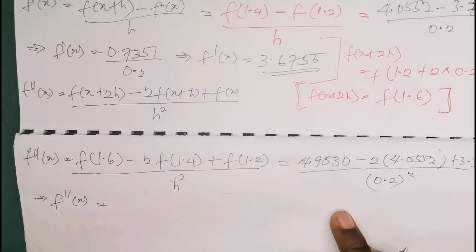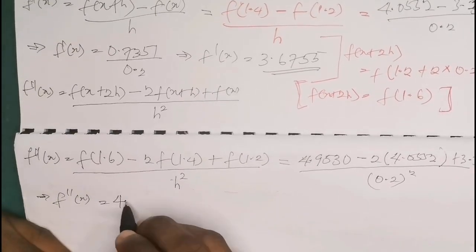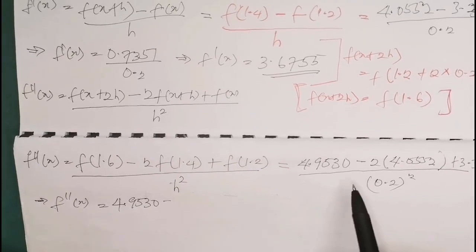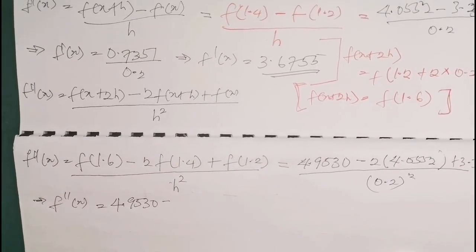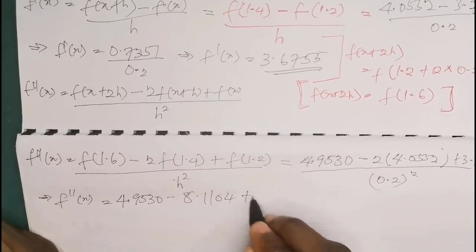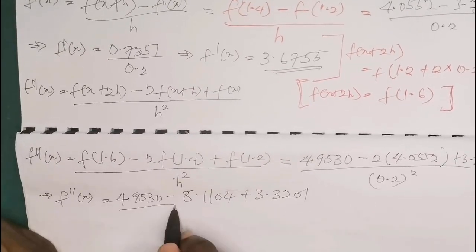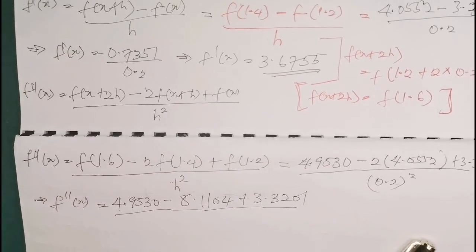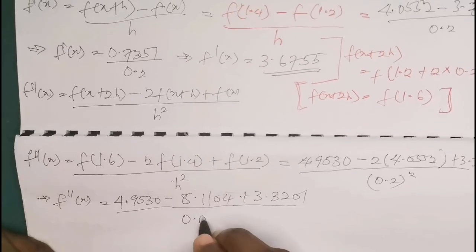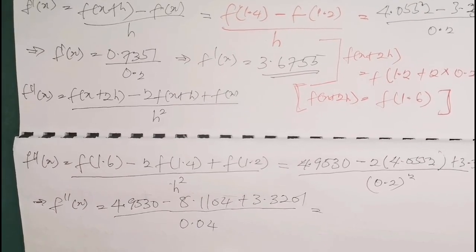So this simply implies that the double derivative f prime prime of x is going to be equal to, let's evaluate everything at the numerator. So we have 4.9530 minus, let's obtain 2 multiplied by 4.0552. That gives us 8.1104, plus 3.3201, all over 0.2 squared, which simply gives us 0.04. So let's evaluate the numerator altogether.